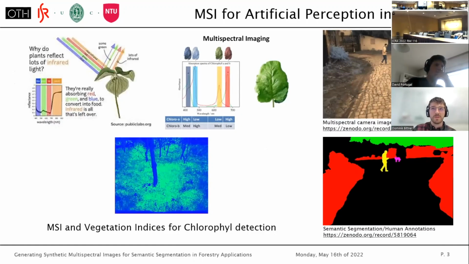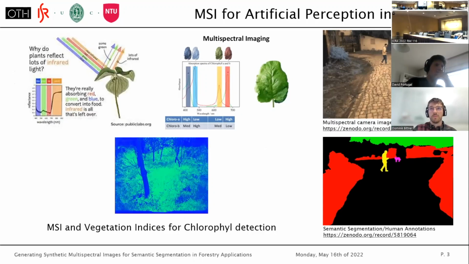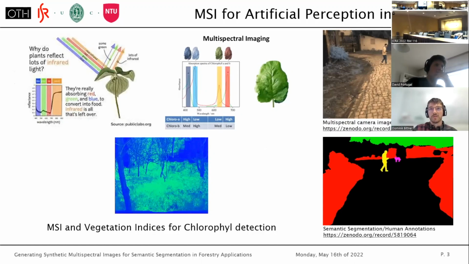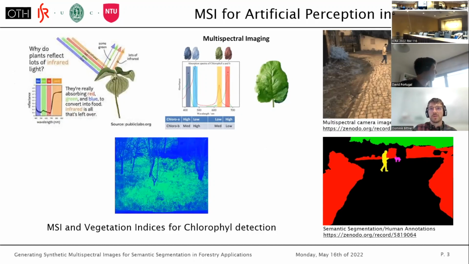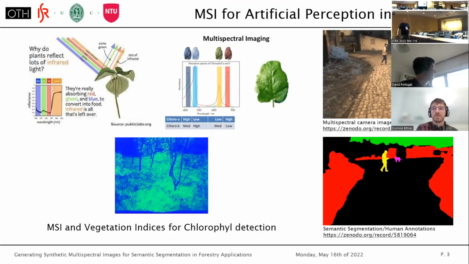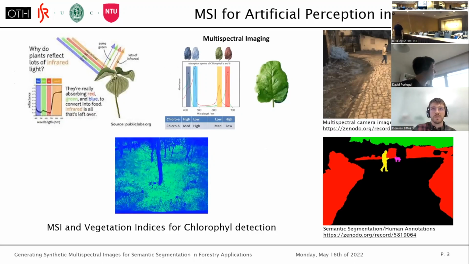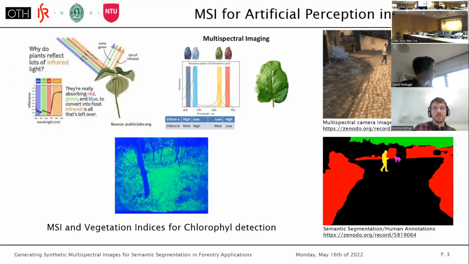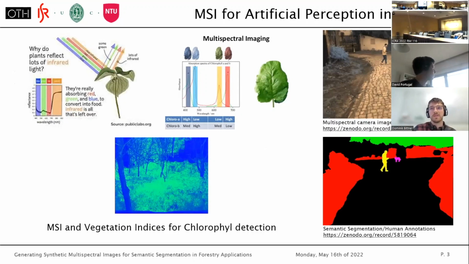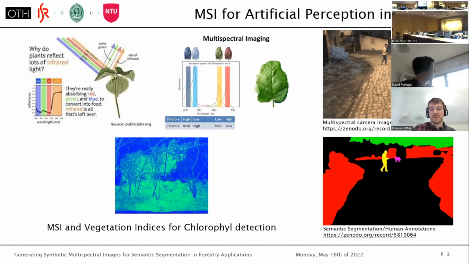Multispectral images, which come from the camera mounted on the Ranger, are expected to improve perceptual capabilities when compared to RGB imaging because of specialized filters, in that case the near-infrared channels, which detect chlorophyll and can therefore enhance the plant detection. For example, by using vegetation indices or deep learning methods for semantic segmentation.